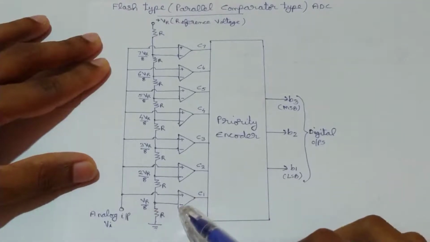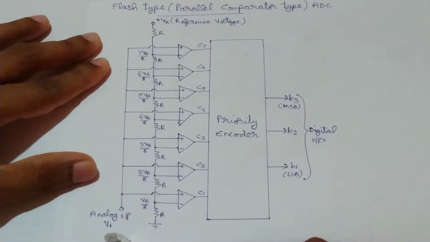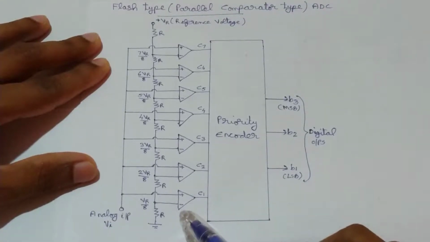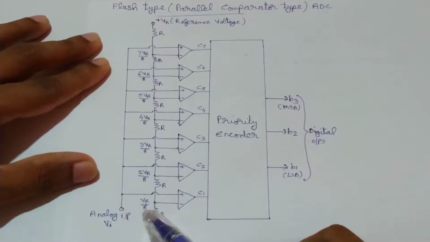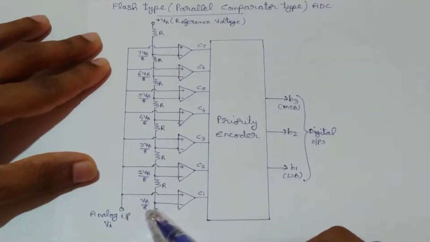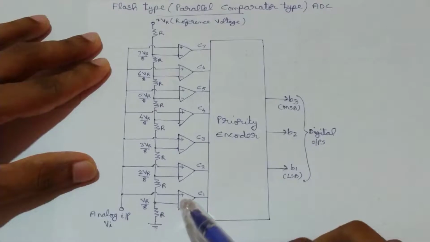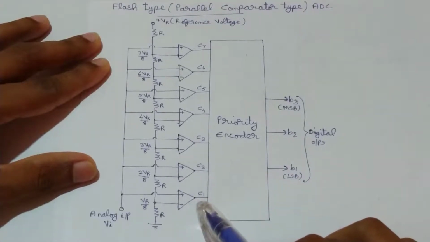Here to the inverting terminal the reference voltage given is VR by 8, and when the input voltage Vi is less than VR by 8, the output of this comparator will be 0, because at the inverting terminal we have VR by 8 and this VA is actually less than this VR by 8. So voltage at the inverting terminal is greater, so the output of the comparator will be low, or we can take it as digital 0.